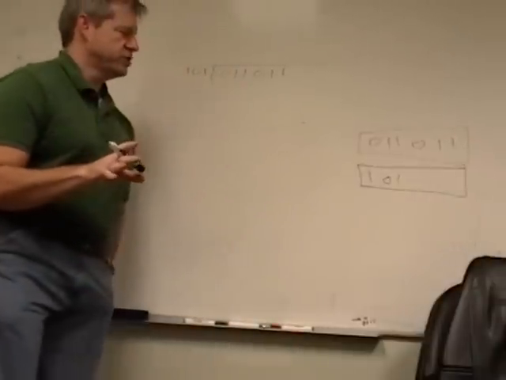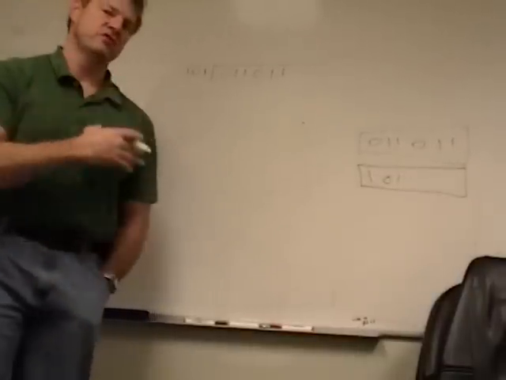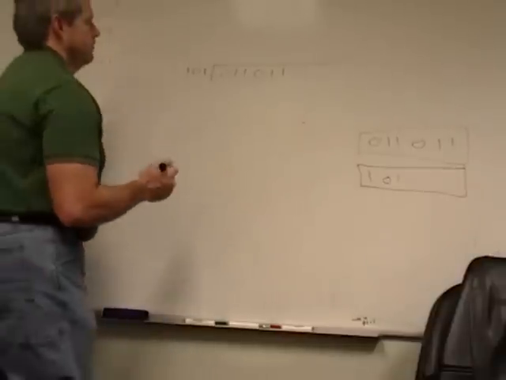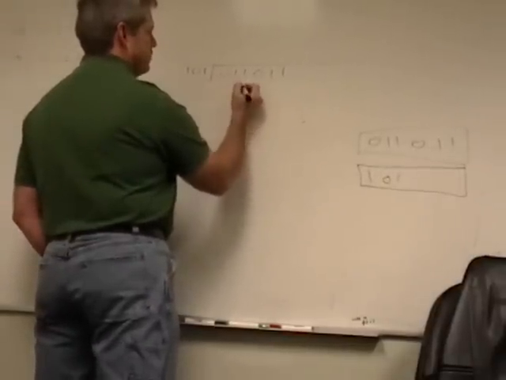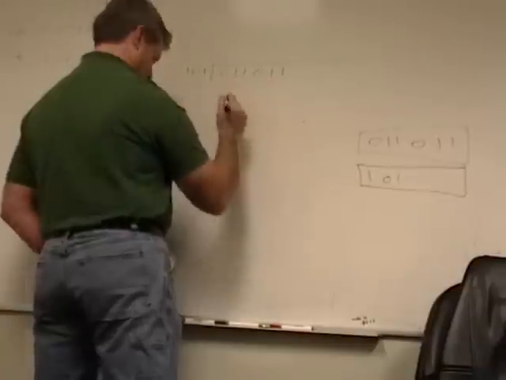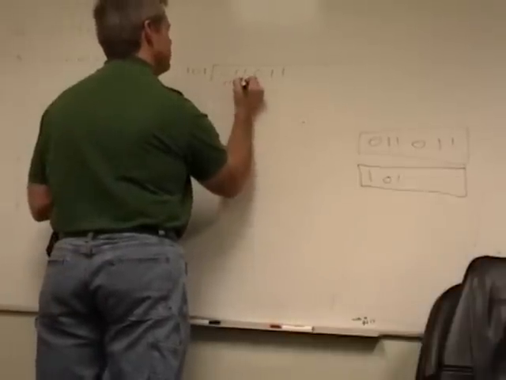Now we're going to do what's called shift and subtract, or you'll see that this is the same as shifting and subtracting. I'll do it in a different color so that we know. So I've got a 1, 0, 1.